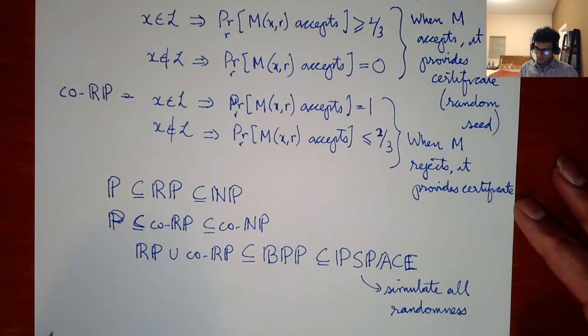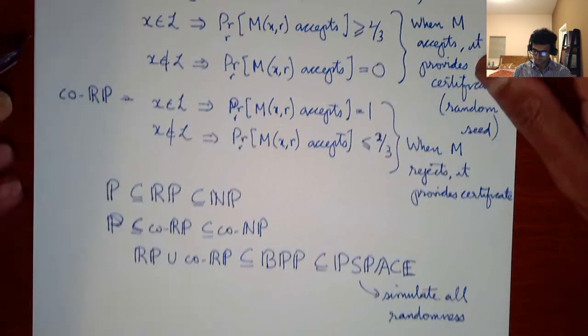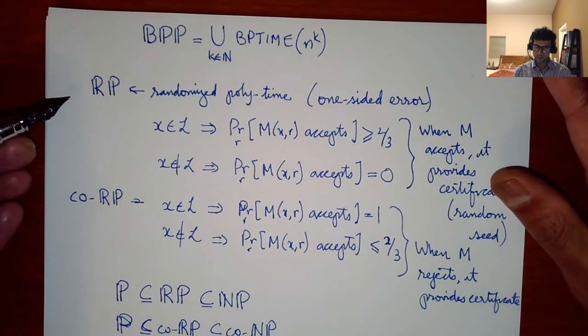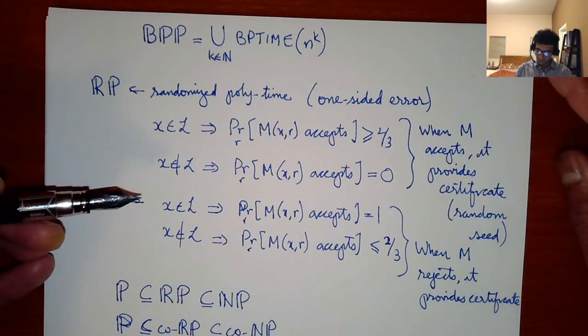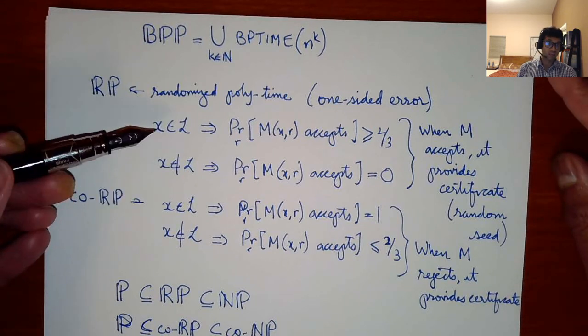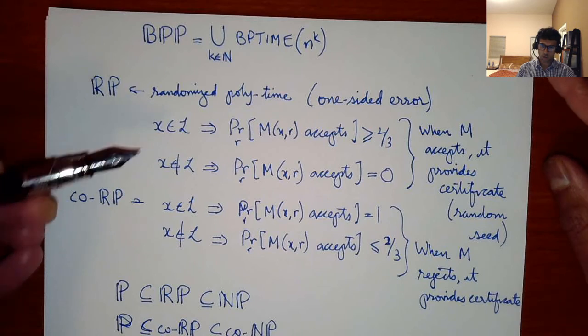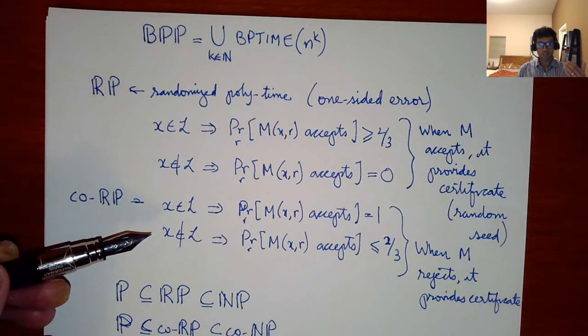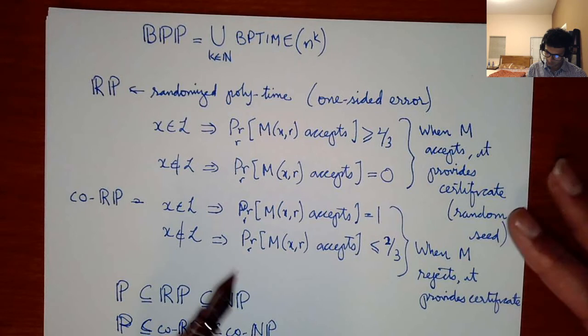Okay, so I'm now going to define something else. RP is randomized polynomial time, which means it makes errors when X is in the language. Co-RP makes errors when X is not in the language. And this was the primality algorithm.